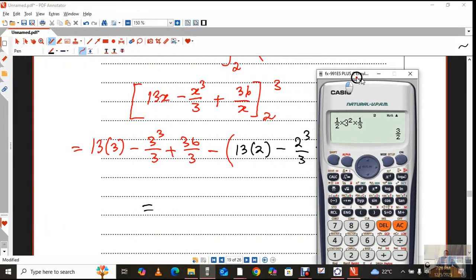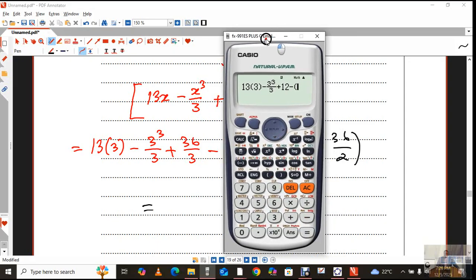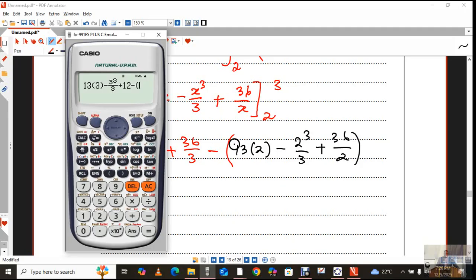Let's take this part first. So I've got 13 times 3, which is 39, minus bracket 3 cubed over 3, plus 36 over 3 is 12, so I'm just going to plus 12, minus open bracket. So I'm going to go to the other part now. 13 times 2, that is 26.